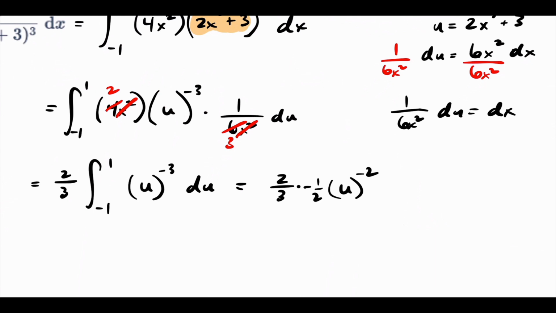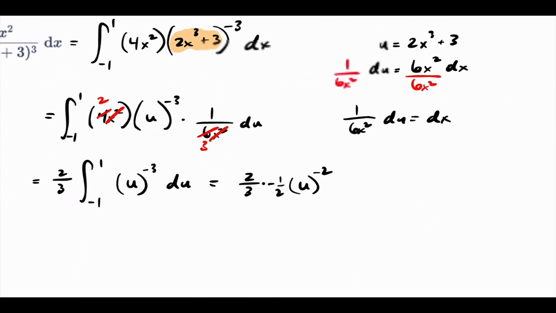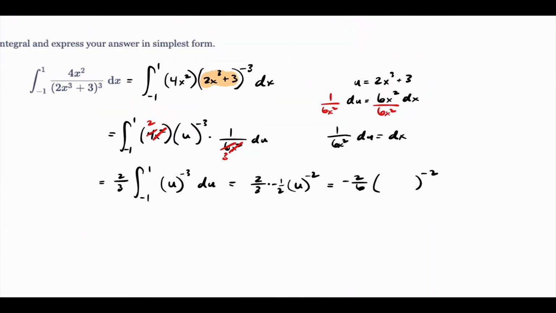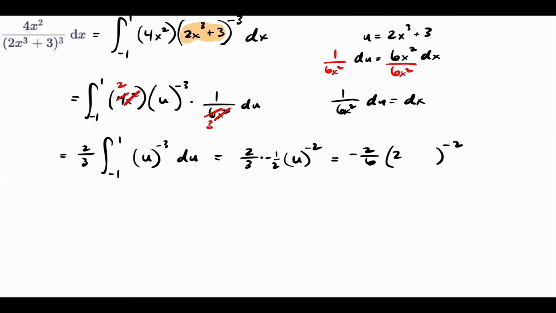We only put plus c when there's no bounds. I'm not technically done with this because then I have to do the evaluation part. So I have -2 over 6 u to the -2. U is 2x to the third plus 3.